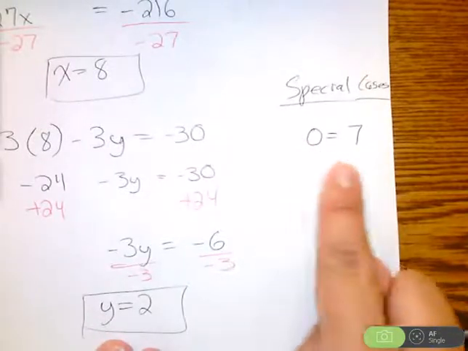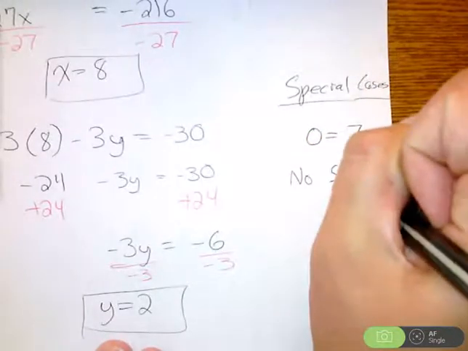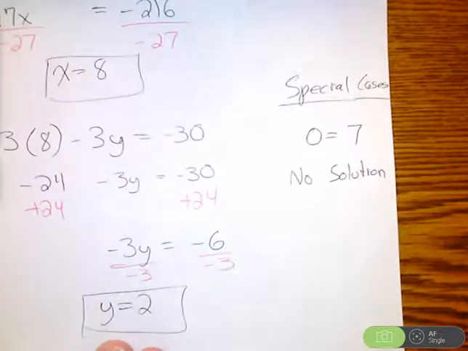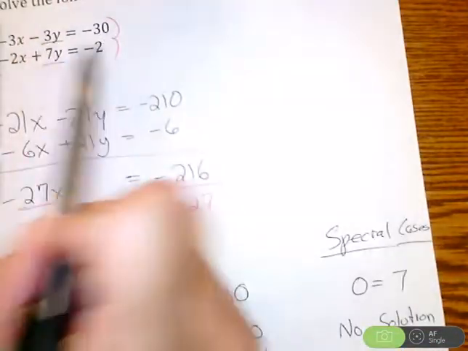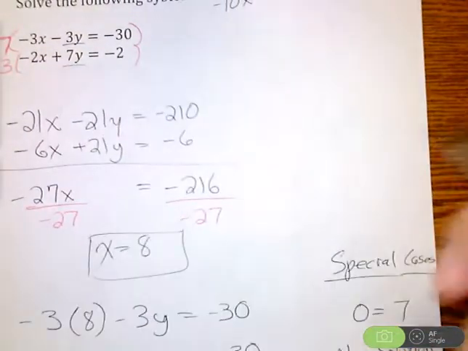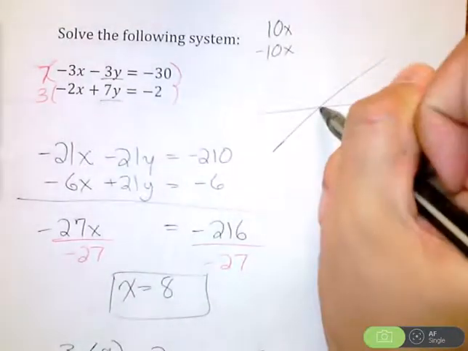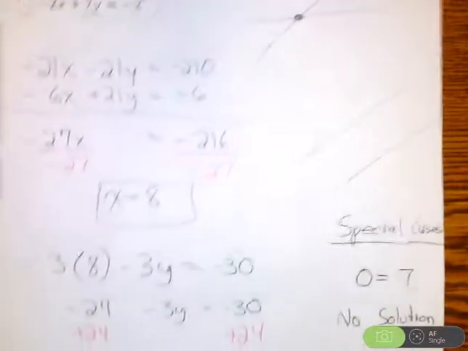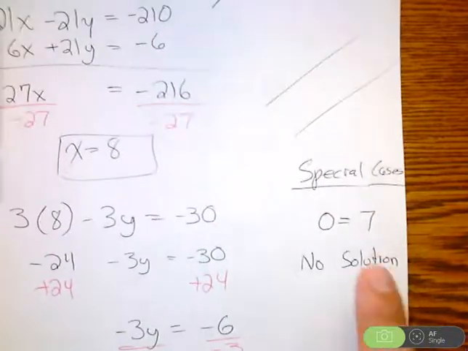Is 7 and 0 the same number? They're not. What this means is your answer is no solution for the system. What that means is when we solve the systems, these are actually lines, and all it means is you have two parallel lines. They never intersect. Whereas with a typical system, what you're really finding is that intersection. So on this question, the intersection would be at 8, 2, that ordered pair, 8, 2. So if you get 0 equals 7, that is no solution.